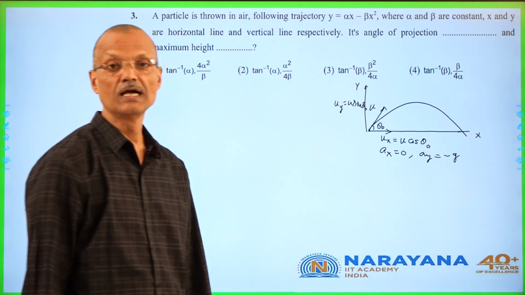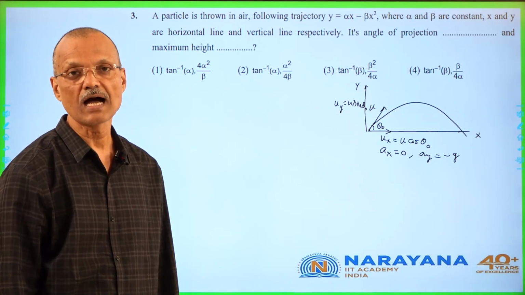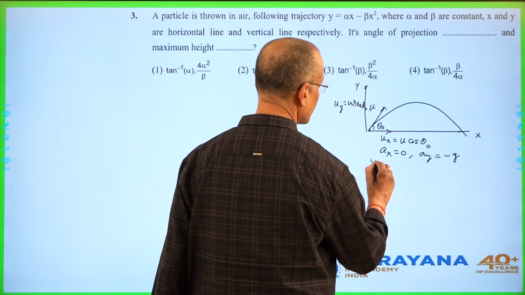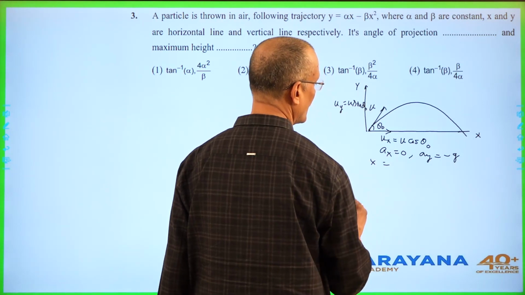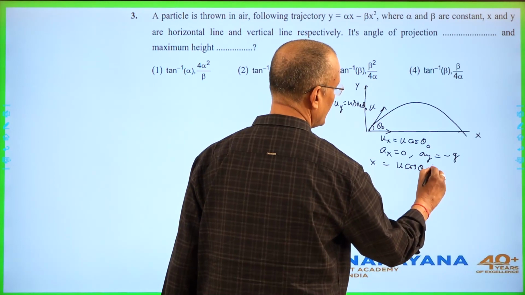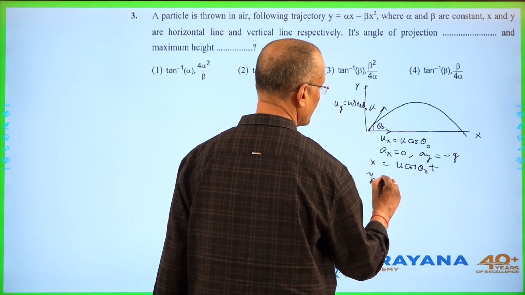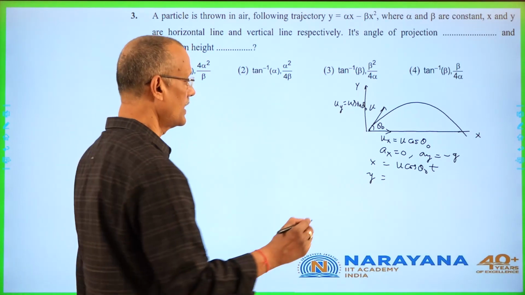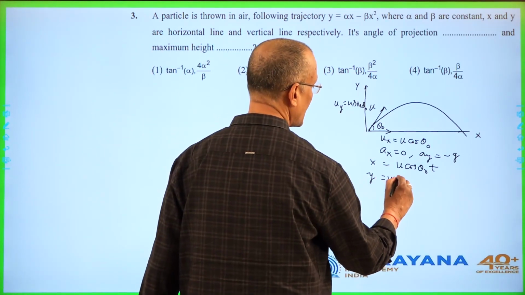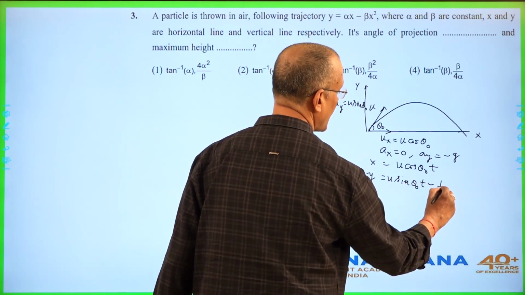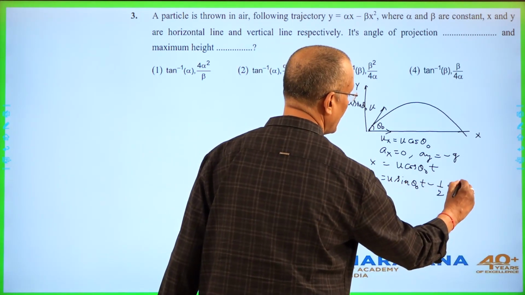If I use s equal to ut plus half at squared, then what are you getting? x will become, x is 0, uxt, u cos theta naught t, and y will become uyt plus half ayt squared. That is u sin theta naught t minus half gt squared.